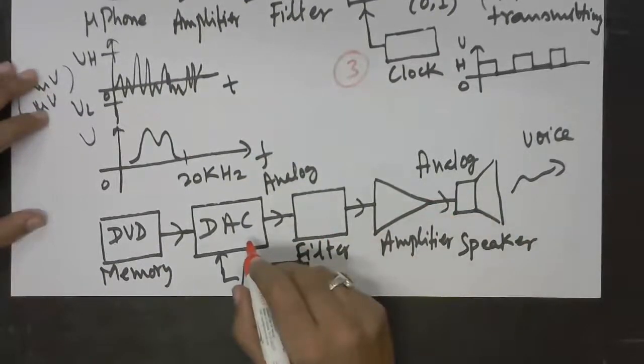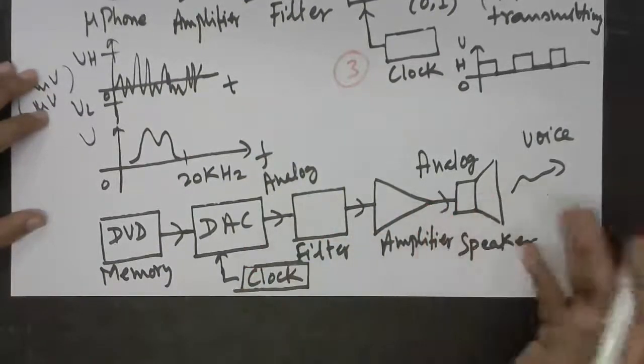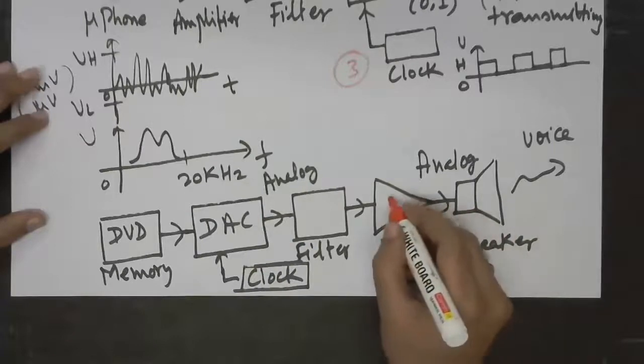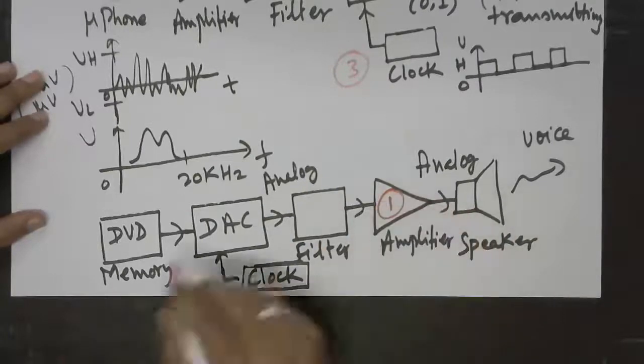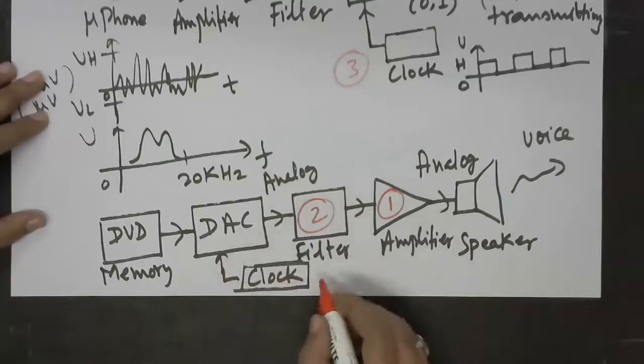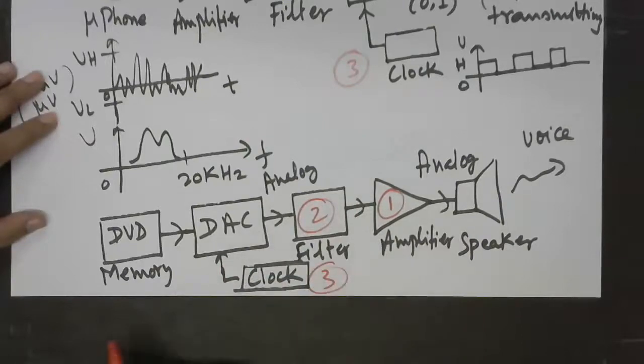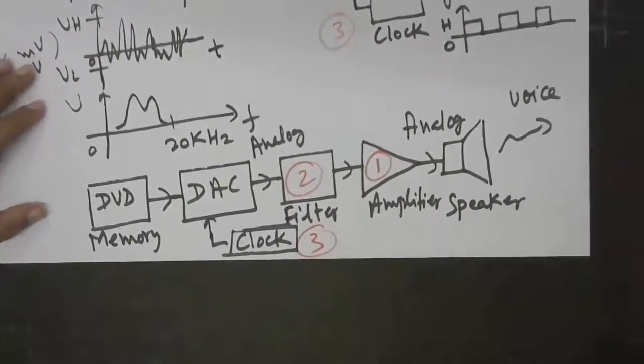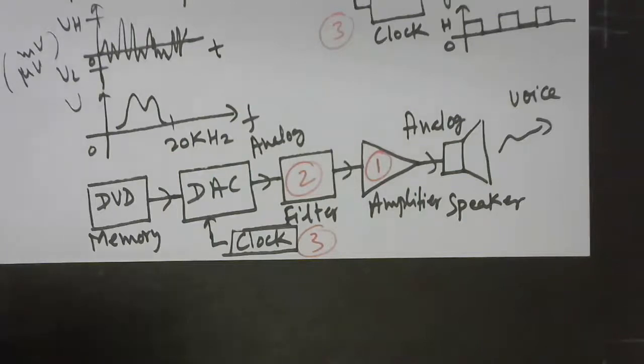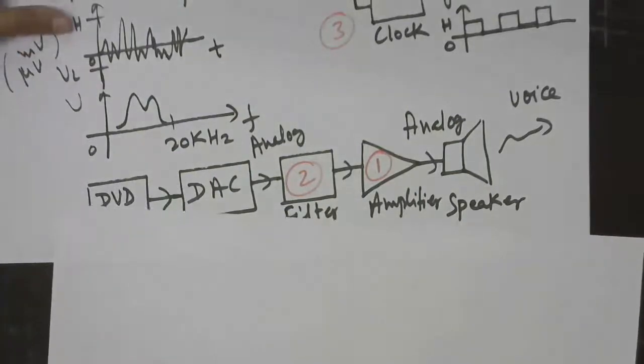And on the receiver side, on the other side of this system, you can see that we again have a power amplifier, we have a filter, and we have a source of periodic signal. So these three are going to be the three families or three sets of circuits that we will study in this course. So these are going to be three major modules.